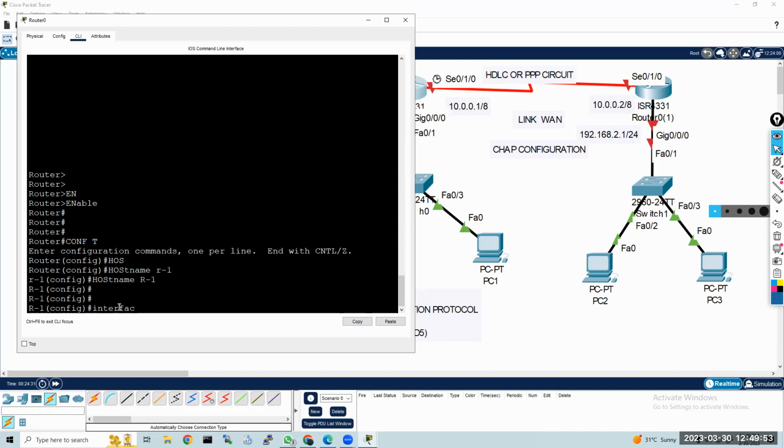Interface. Okay. Just remove this black screen, you can move it to that side, a little bit to the left. Just move this screen. One second.